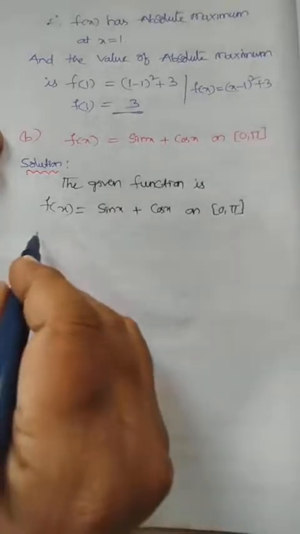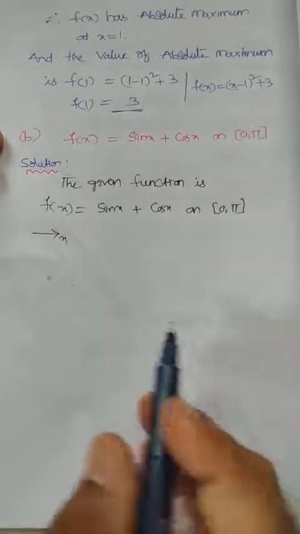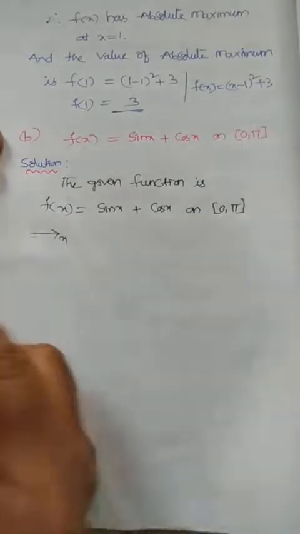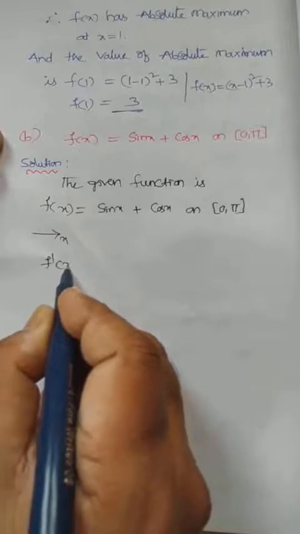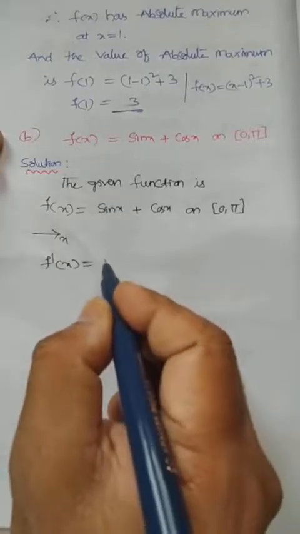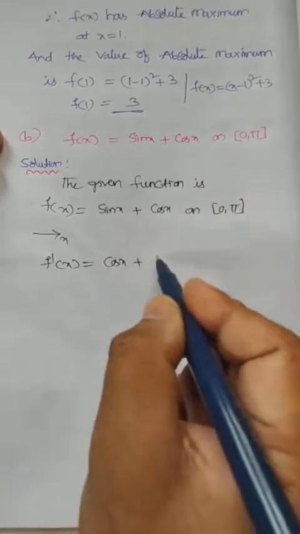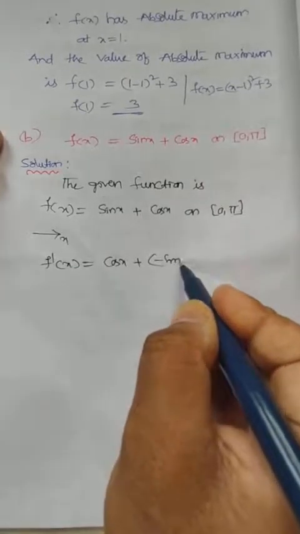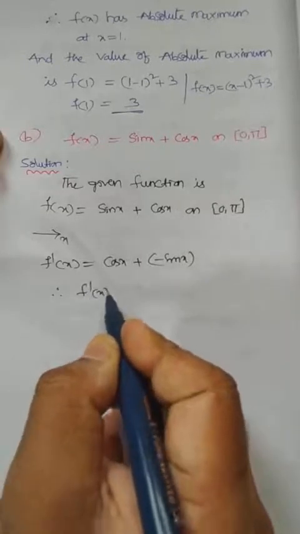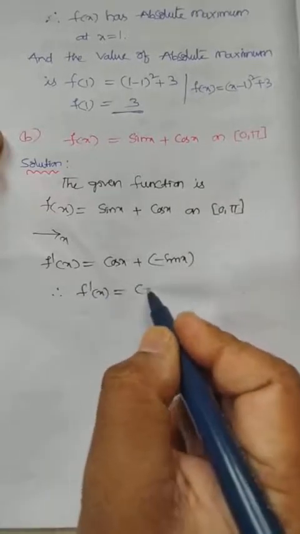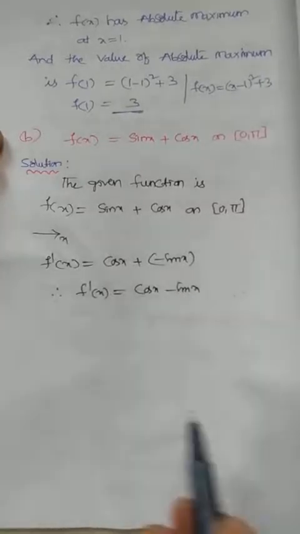First we require f dash of x for the stationary points. Differentiating the function with respect to x on both sides, I would get f dash of x equals cos x, the derivative of sin x, plus the derivative of cos x, which is minus sin x. Therefore f dash of x is cos x minus sin x.